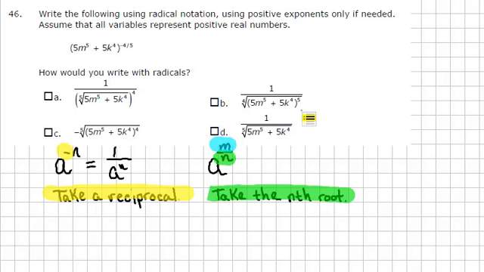The m in the numerator means that we need to evaluate the mth power.